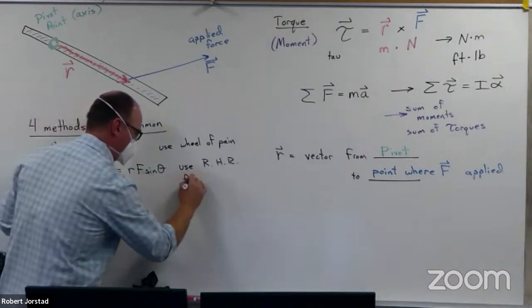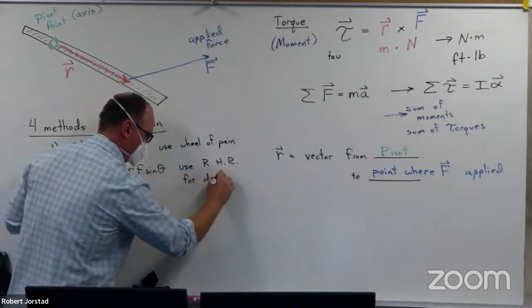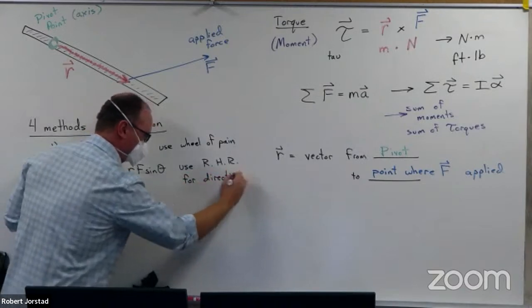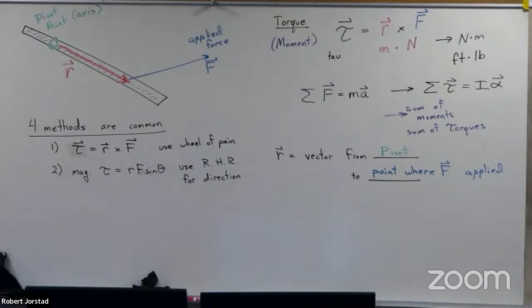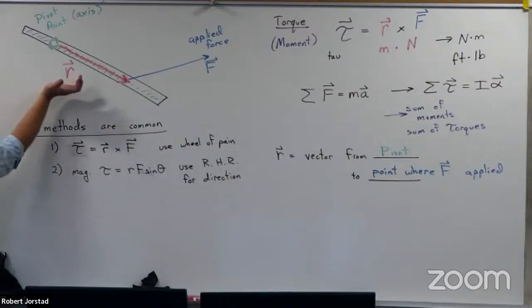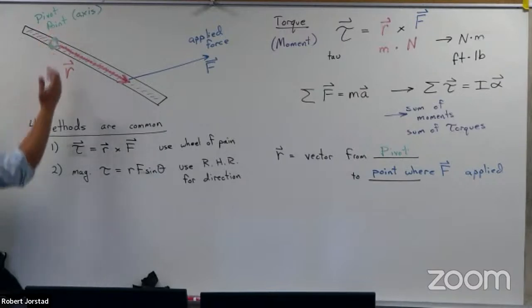I'll use right hand rule for direction. Look at this one. R goes to F, thumb points out of the page. Which way is my torque for this problem? Out of the page. What does that mean? It means the axis is out of the page and the thing is actually going to twist counterclockwise.